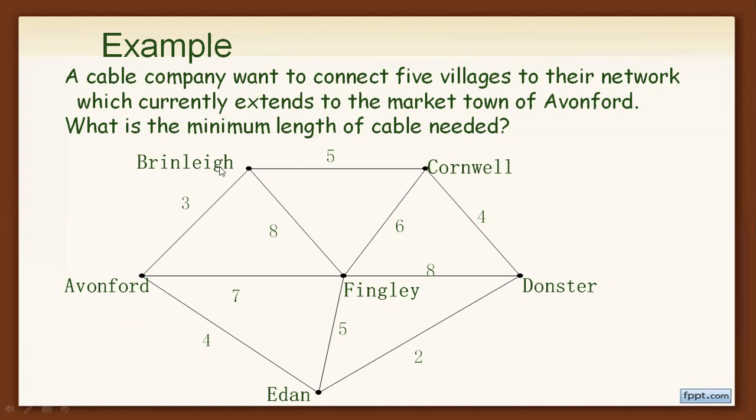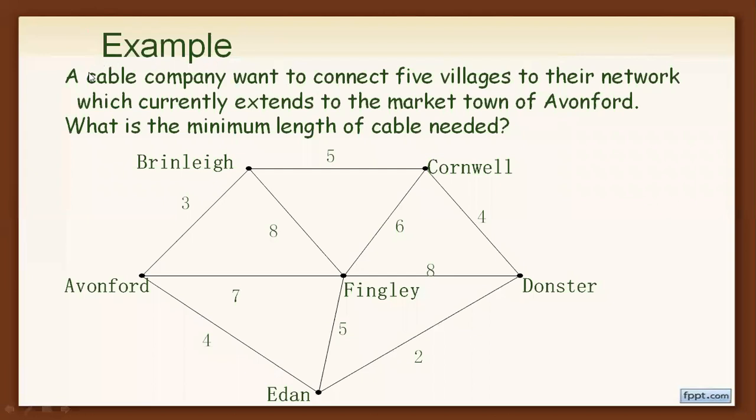This is B, another village name. This is C, another. This is D, another. This is E, another. And this is F, another village name. So the total number of villages is 1, 2, 3, 4, 5, 6.